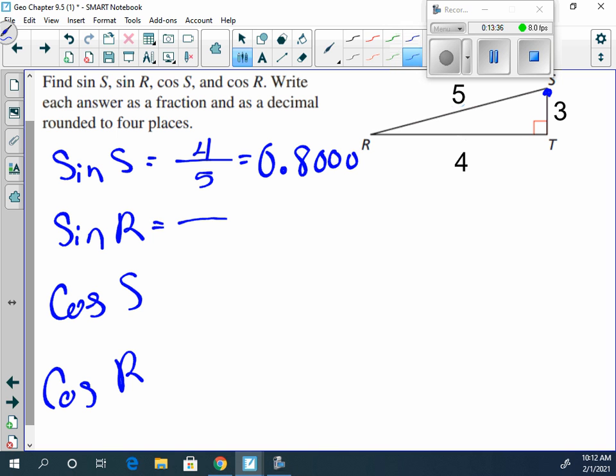Even though there's only 2, we add zeros to get it all the way up to 4. Now, sine of R. So we're looking at the other one. So the opposite side would be? And the hypotenuse would be? Which would be 0.6000. Any questions on this here?